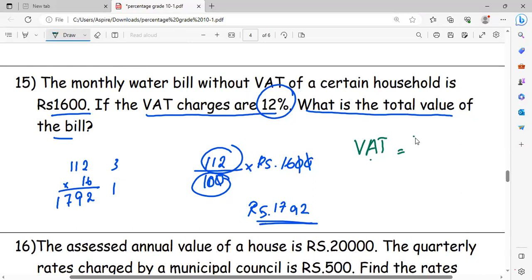Then 12% means 12 out of 100. It is multiplied by 1,600. It is 192.